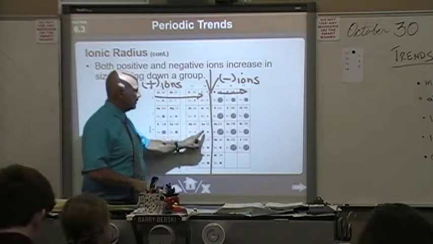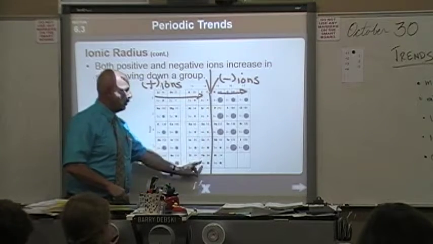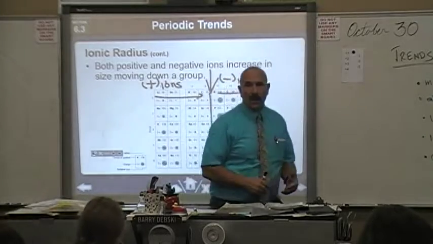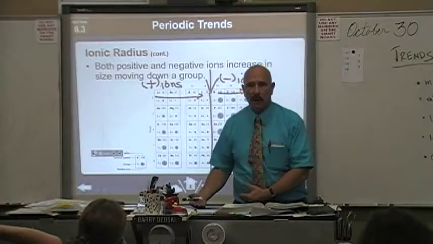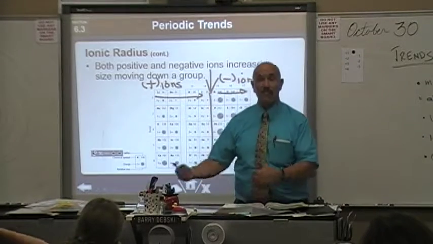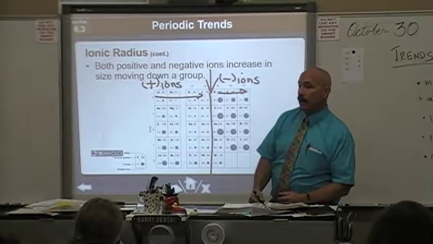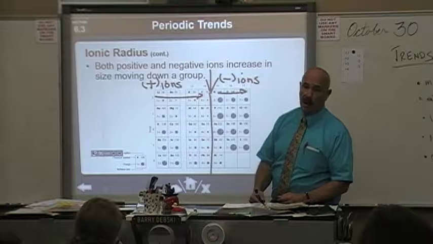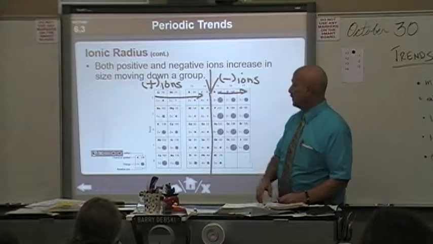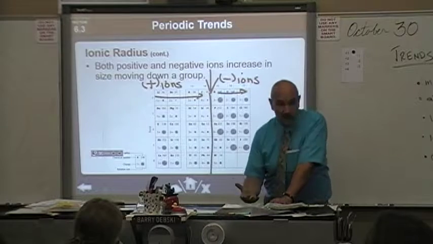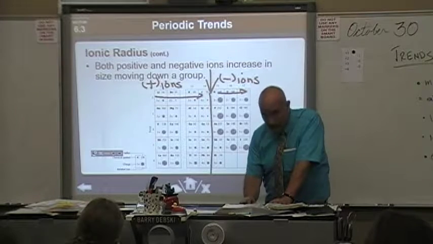Now a lot of times, guys, I will not quiz you or test you on what this group 14 elements do, because sometimes they can form a +4 ion, and occasionally they form a -4 ion. And very rarely do they even form ions at all. Most of the time, carbon and silicon are going to form covalent bonds, which we're not talking about till chapter 8.